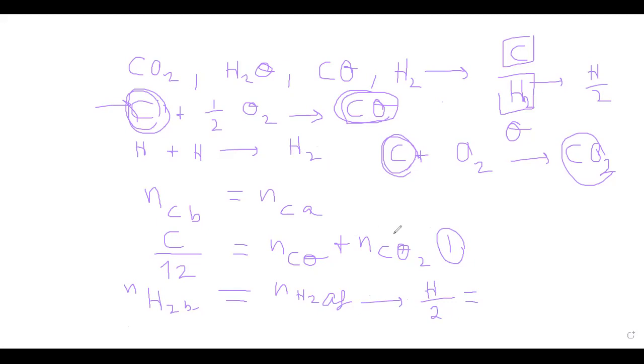So we can say that H over 2 is equal to the number of kilomole of H2O plus the number of kilomole of H2, because some H2 molecules will react with oxygen to give H2O, while other H atoms will combine, each two atoms with each other, to form H2.